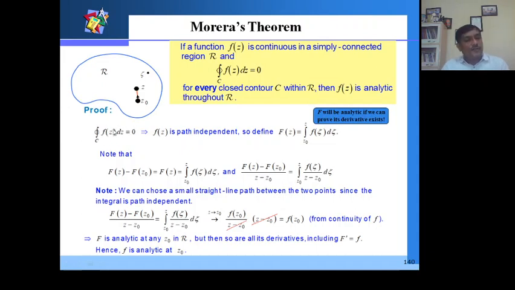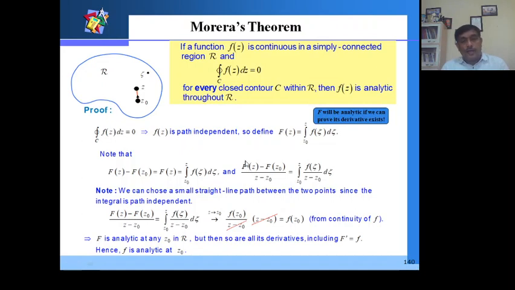Here, the integral of f(z) is independent of path. So we can express it in terms of capital F(z) equivalent to the integral from z naught to z of f(z) dz. Note that F(z) minus F(z naught) is equal to the integral from z naught to z of f(z) dz.